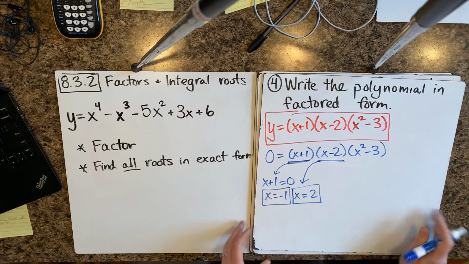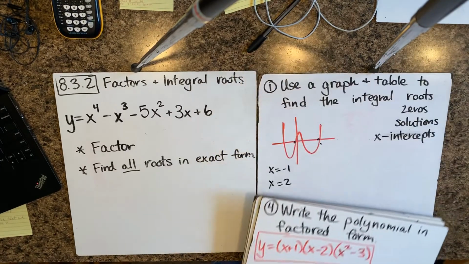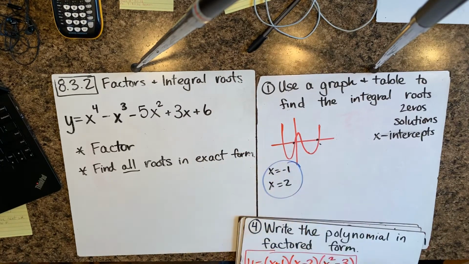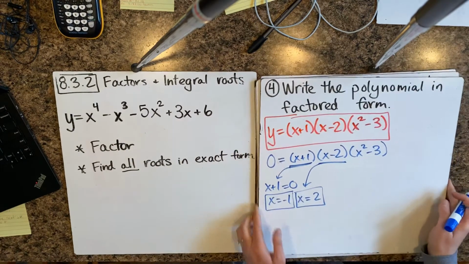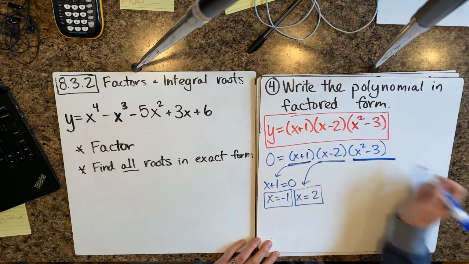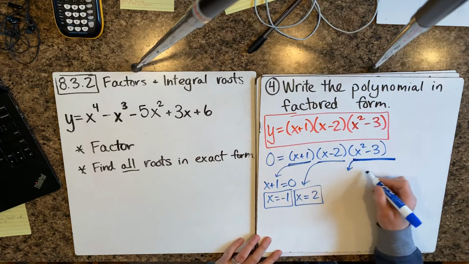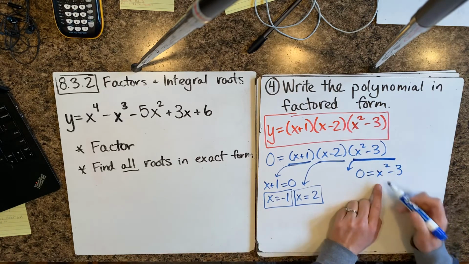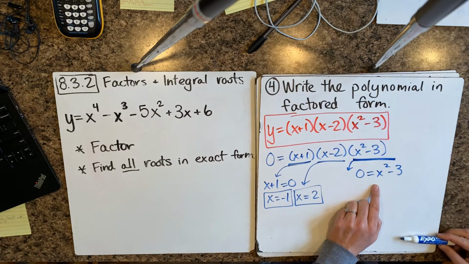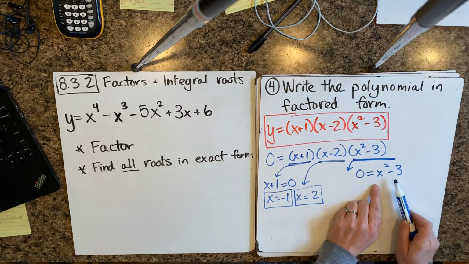We even knew that at the very beginning when we graphed the equations, okay? But we weren't done until we get x to the 4th. That's why we had to go through all that other work, okay? This last step hopefully is not difficult. We put 0 equals x squared minus 3. This is a step where sometimes you're going to have to do the quadratic formula if there's an x squared and an x.